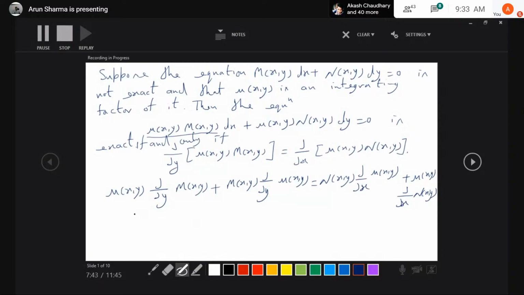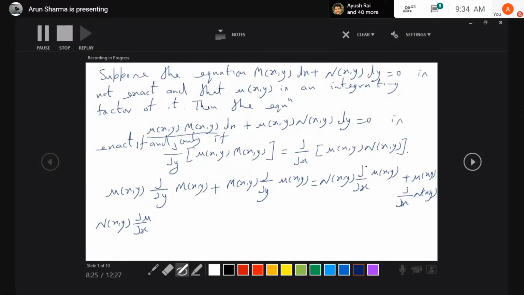Okay, now I can take del mu upon del y, and I would like to take the mu terms on one side and the M and N terms on one side. So if I take it, then it will become N(x,y) del mu upon del x. Better if I write it just mu; there is no harm in writing, so I can save some space.